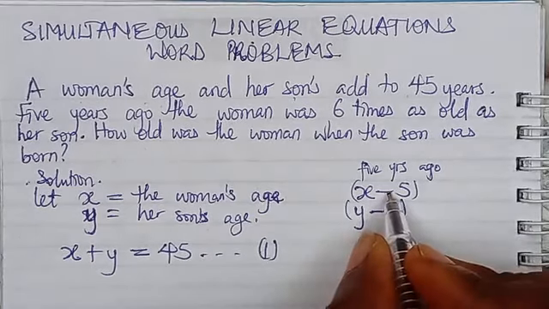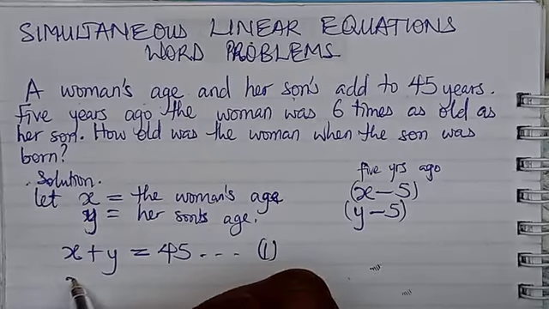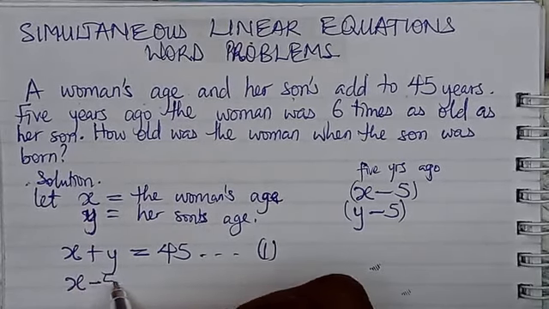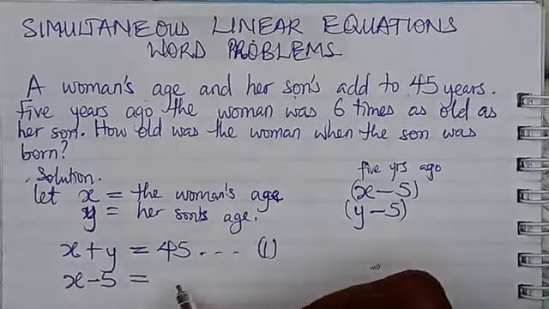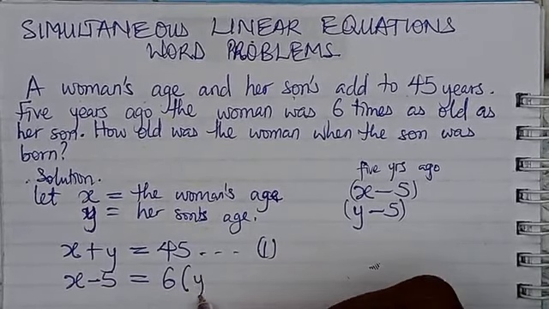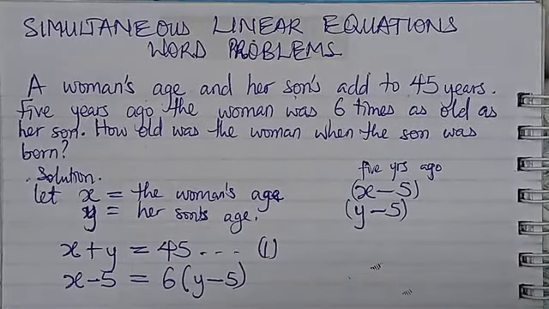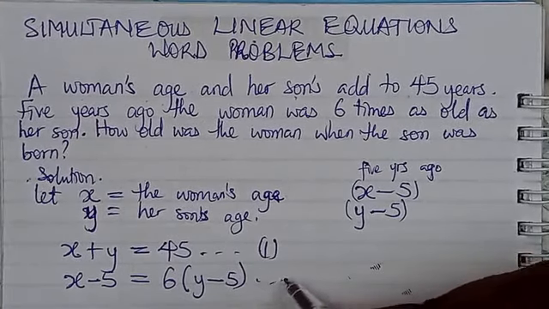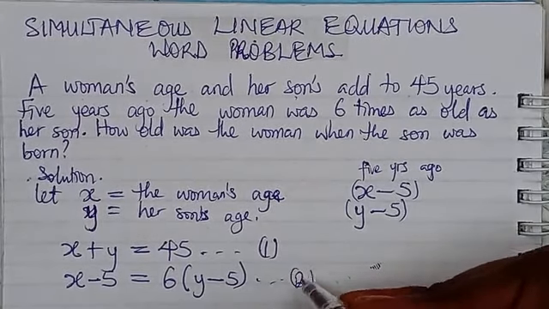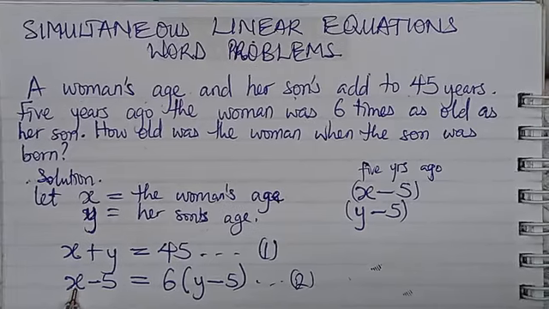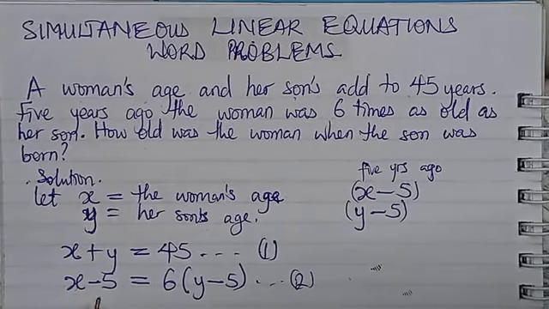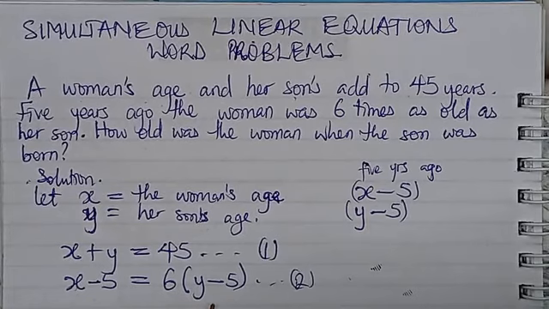So remember, this is her age 5 years ago, which is X minus 5, is equal to 6 times whatever her son's age was those 5 years ago. So we formed the two equations. So this is 5 years ago, this woman's age is 6 times her son's age.